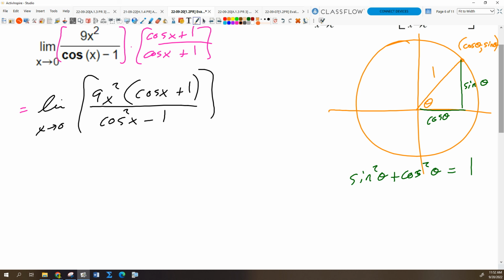I'd have to subtract the 1 to this side and subtract the sine squared to that side, right? Negative sine squared. Everybody agree? In one step, I would get cosine squared theta minus 1 equals negative sine squared theta. So there's a negative sine squared theta.